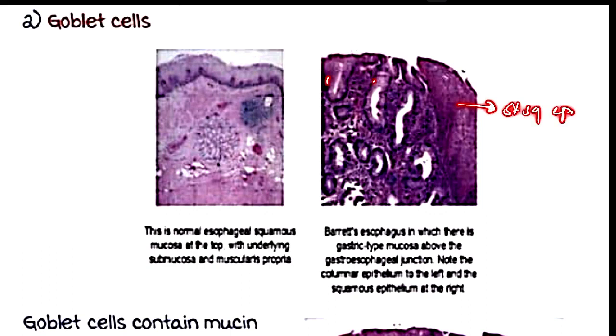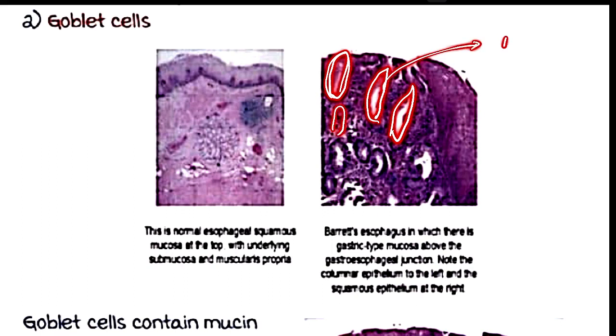But in this region you will see columnar cells with goblet cells. This is the area of Barrett's esophagus, where we have intestinal columnar epithelium.